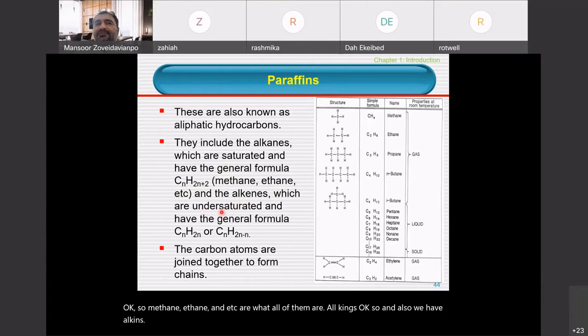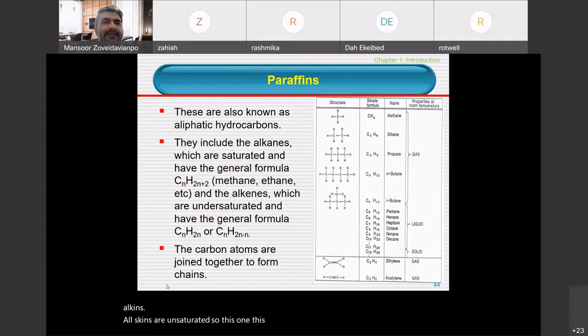Alkenes are unsaturated. This needs to be well understood: we have alkenes, which are unsaturated, and alkanes, which are saturated. You also need to know exactly the formula of each.